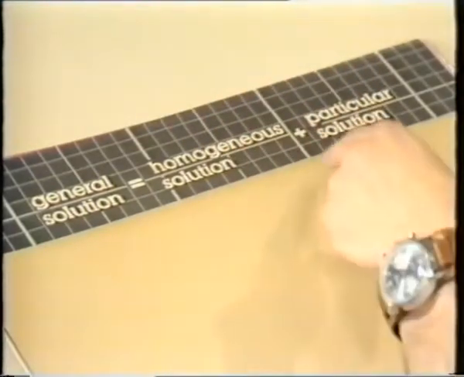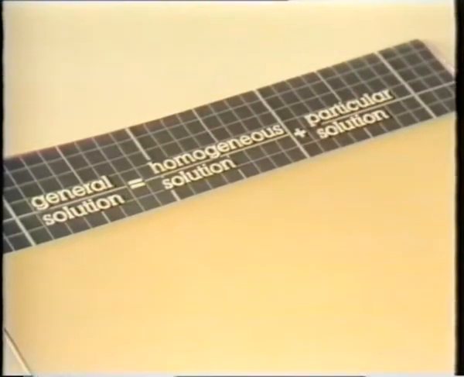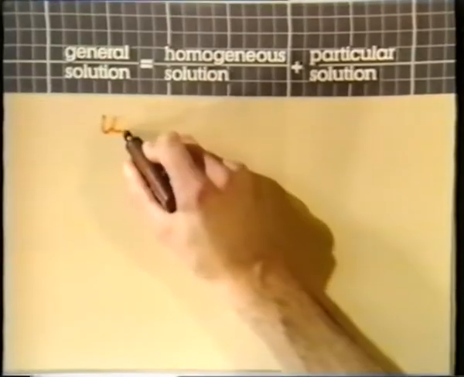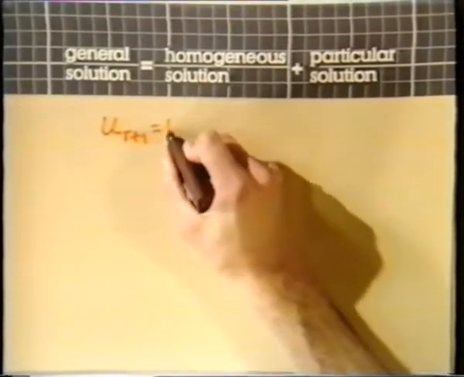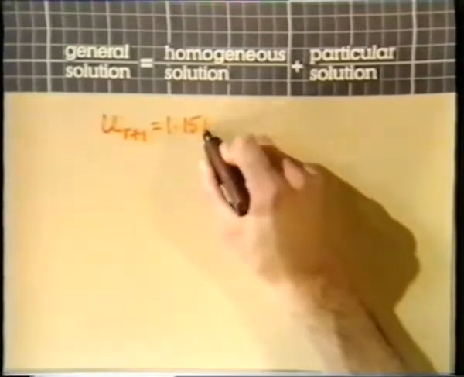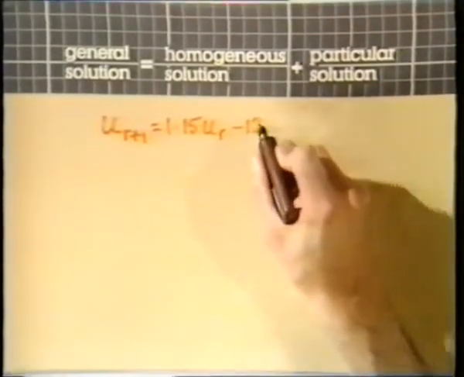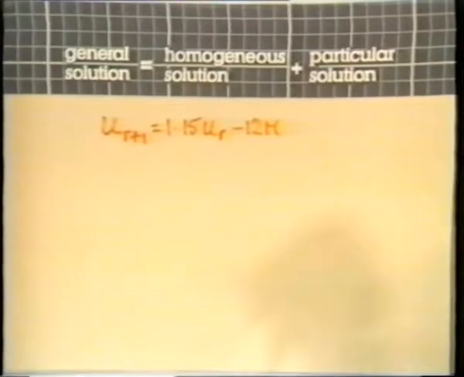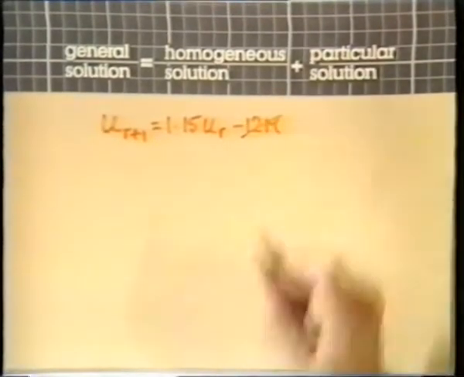The solution of a linear first-order recurrence relation is made up of two parts. It's the sum of the solution to the homogeneous problem plus any particular solution of the non-homogeneous problem. So if we write down the recurrence relation, we want the homogeneous relation, and we get that by ignoring the 12M.